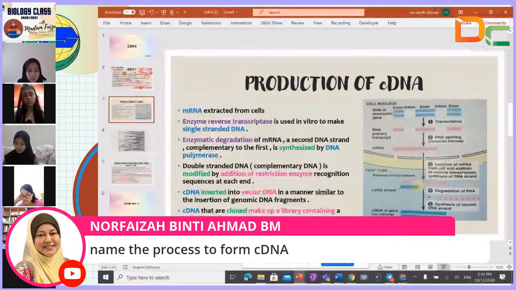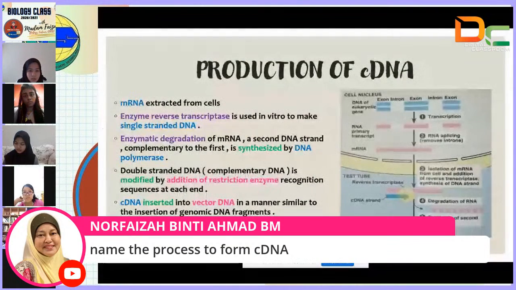Okay, teacher has shared your slide, your second slide. Next is the production of cDNA. mRNA is extracted from the cell. The enzyme reverse transcriptase is used in vitro to make single-stranded DNA.